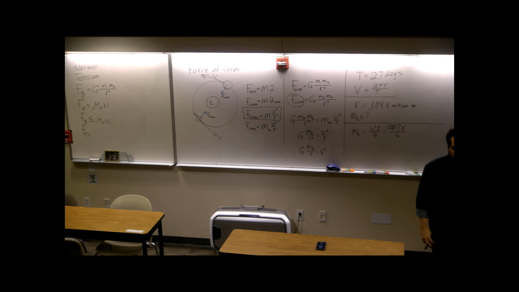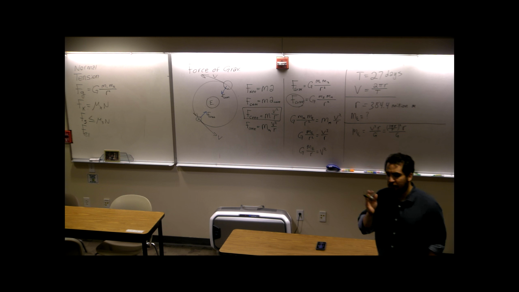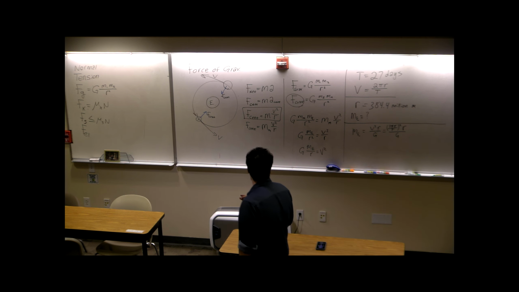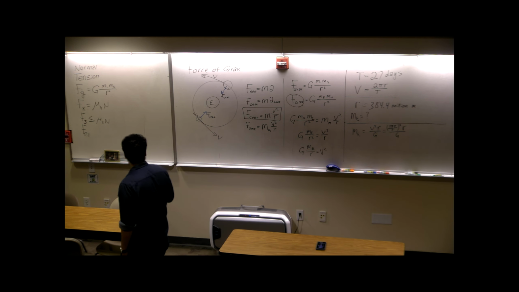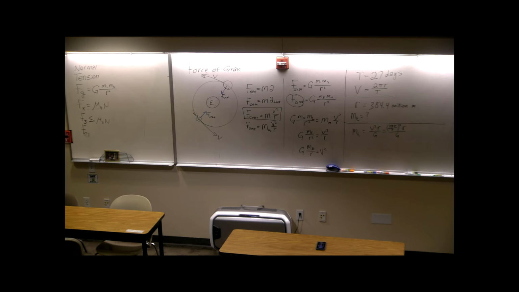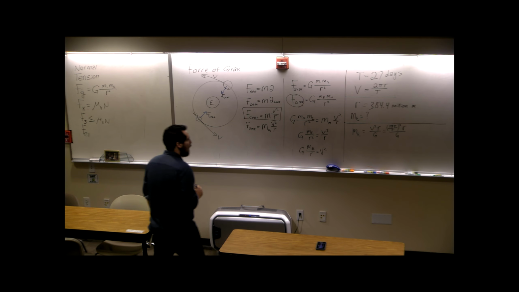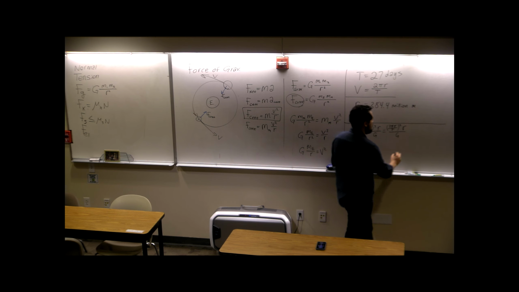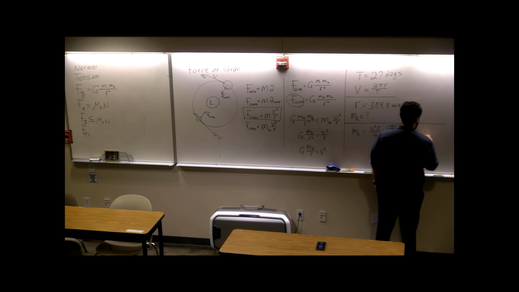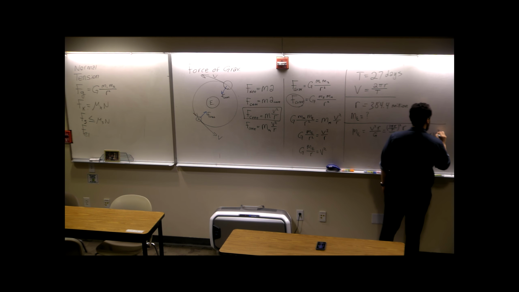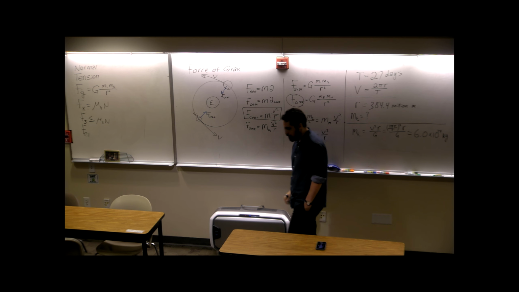Doing your conversions from 27 days to seconds, writing in the million part, the 10 to the 6 million. What you should find is that when you plug in everything, you end up with a number of about 6 times 10 to the 24 kilograms.